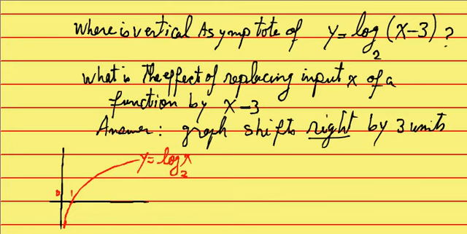Now I'm moving to the right by 3 units. Everything is going to shift. So my 0 is going to come to 3, my 1 is going to come to 4. So my vertical asymptote is going to come here. My x-intercept, which was 1, is going to shift to 4. Picture is going to look kind of like this.